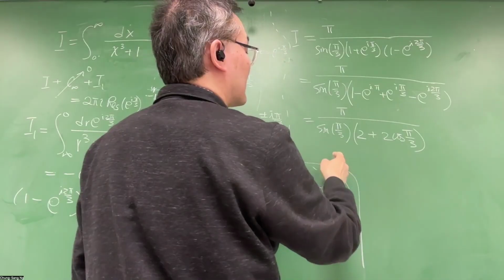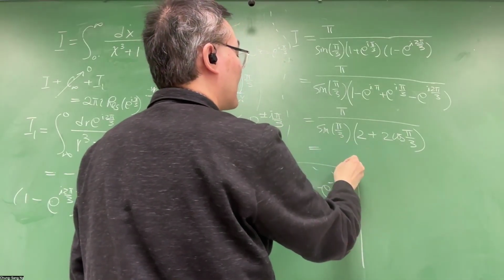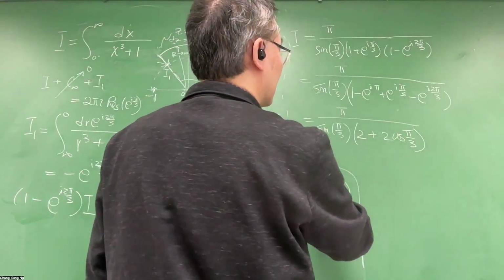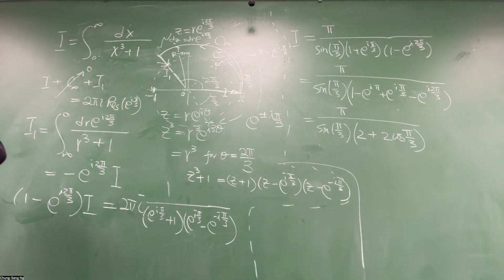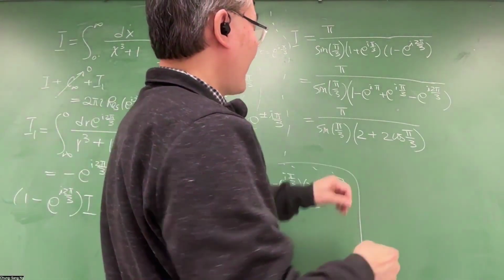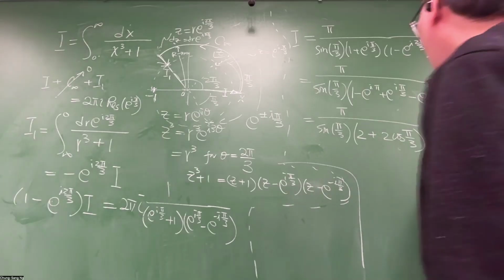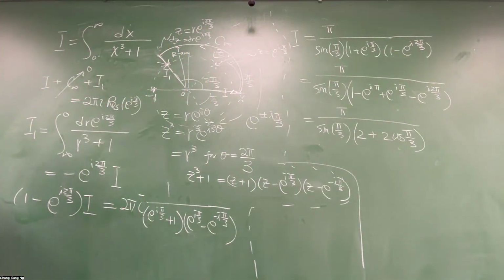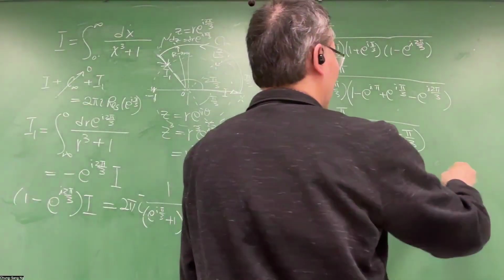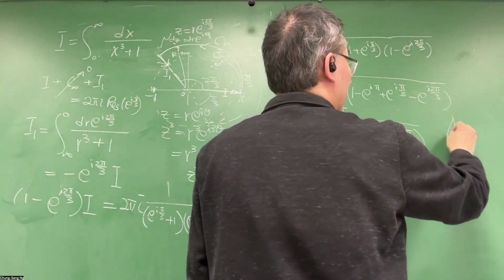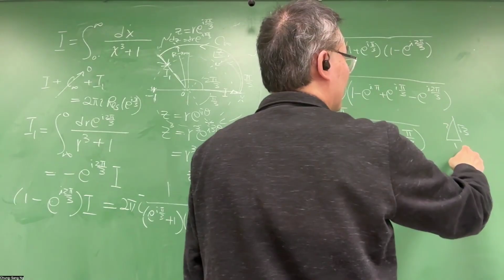And what is that? Let's see. Do we get the correct answer? Is it the correct answer? Right. I mean, this algebra. Now we need to figure out what pi over 3 is. 60 degrees, right? Is it true?